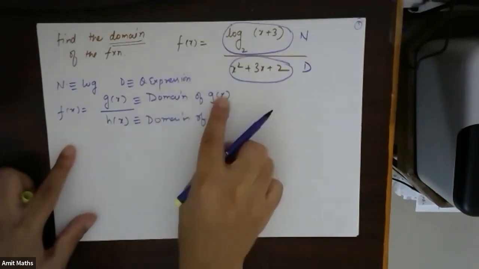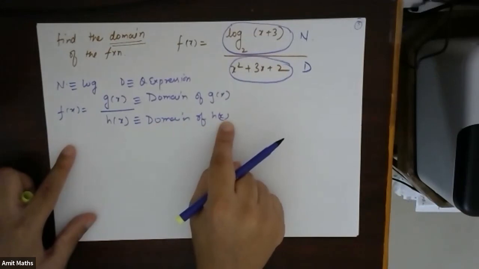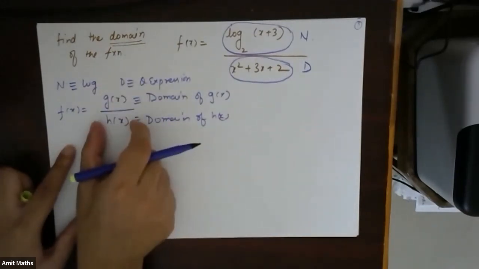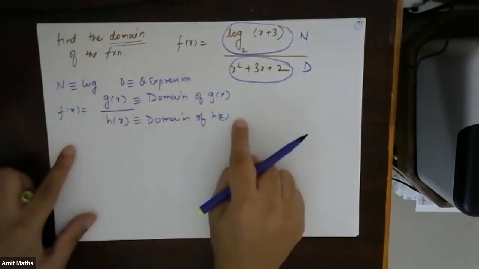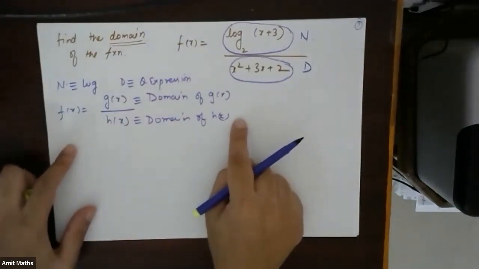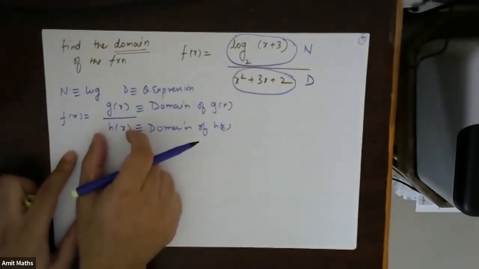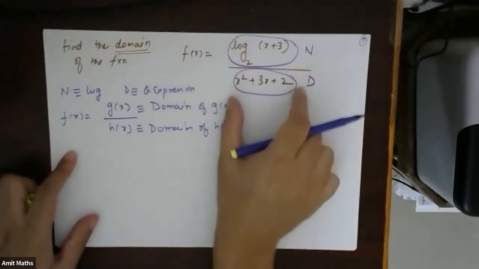Also, because this h of x is in the denominator, I will remove all those values of x for which h of x is 0, because otherwise it will be something divided by 0.